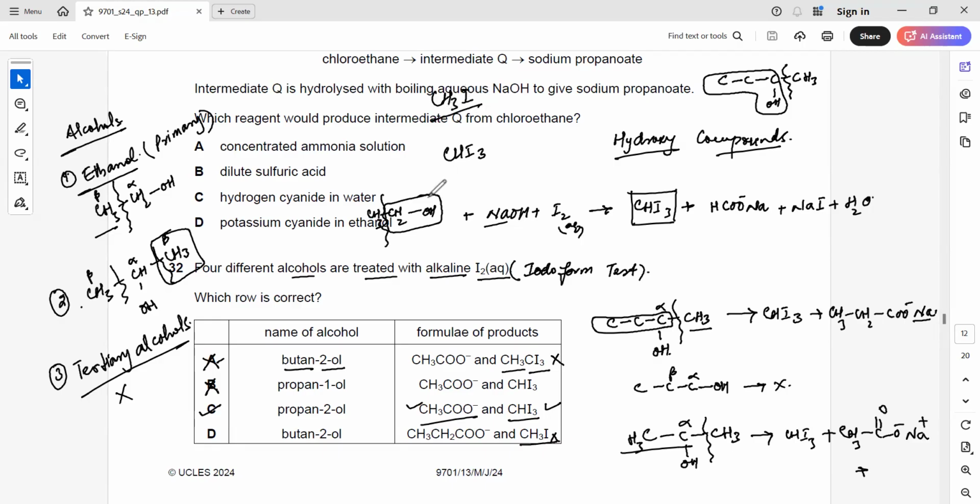That is iodomethane, and iodoform is triiodomethane, CHI3, which gives yellow precipitates. So it's a test to identify primary alcohol and secondary alcohols which have a methyl group attached to the alpha carbon. And remember, tertiary alcohols do not give this iodoform test. In this way, we can identify the correct answer. Is it clear?